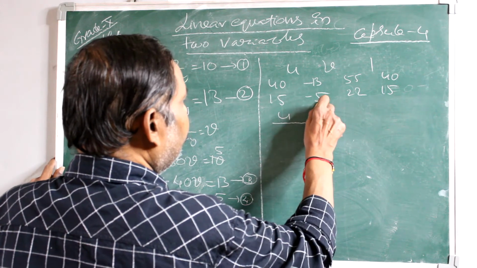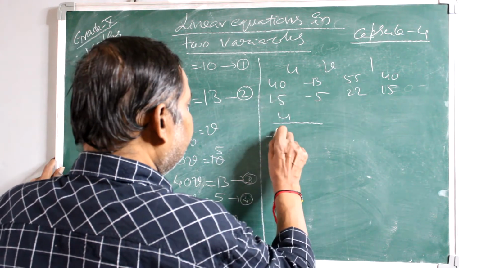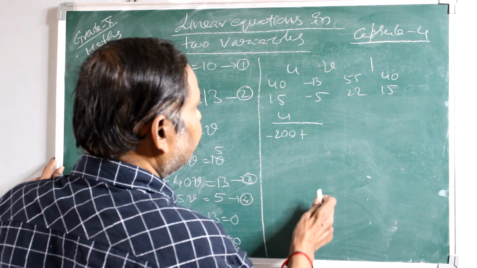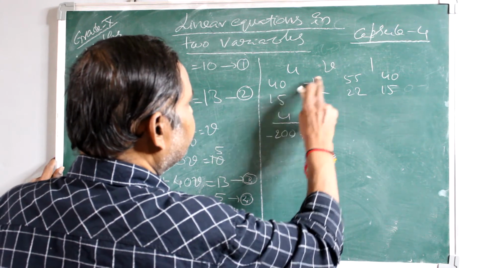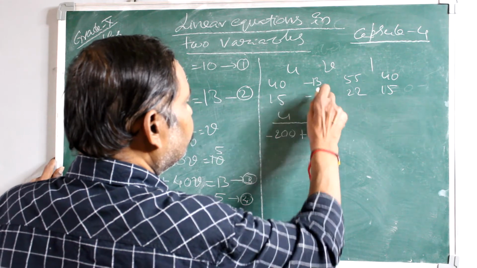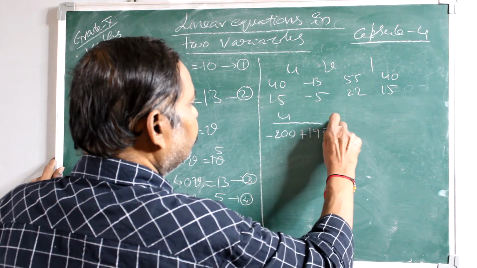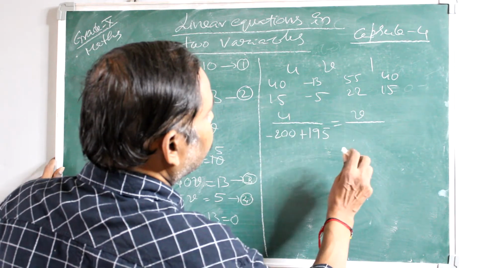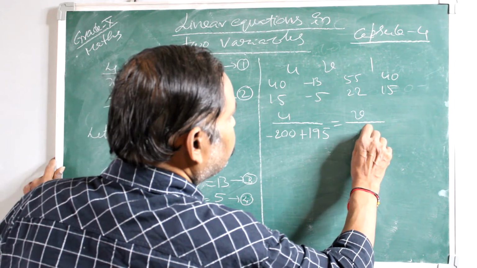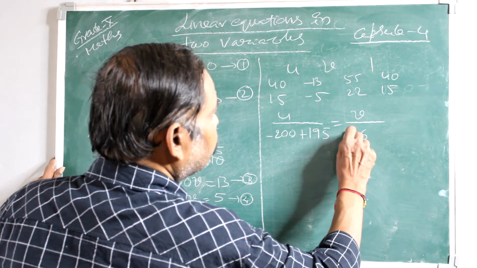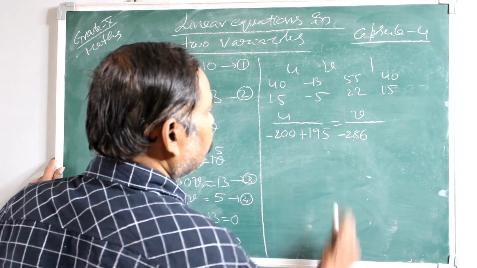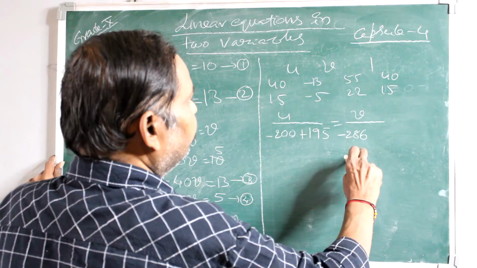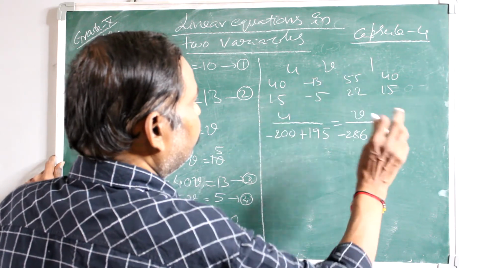u by minus 5 into 40, 5 4s are 20, so minus 200. Here minus of minus is plus, so you will get 13 into 15, which is 195, is equal to v by 13 into 22, minus 286. 22 3s are 66, 22 1s are 22, plus 6 is 28, correct.